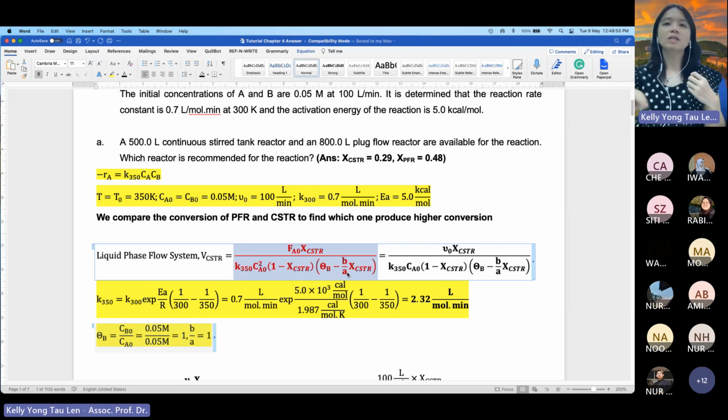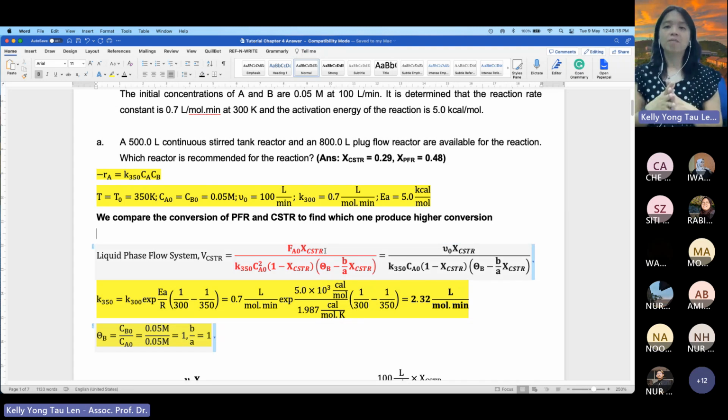If there are two unknowns, there must be two equations. The number of unknowns and the number of equations must be equal, or the number of equations must be more than the number of unknowns, before you can solve. If you have more unknowns than equations, you will never be able to solve. In our case, we have only one equation, and we know the unknown we want to solve is the conversion X. That means the other unknowns you must already know the numbers for. If you don't know them, you cannot solve. Right? Okay, so let us check.